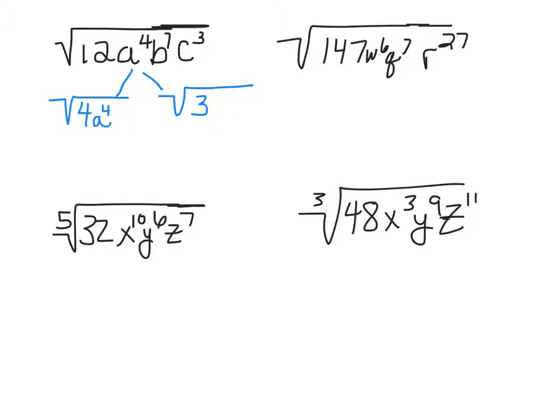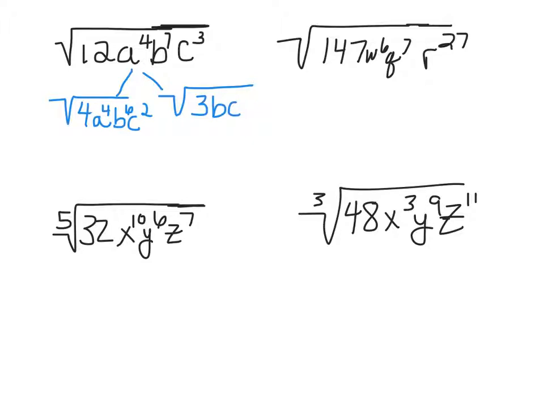B to the 7th. 7 is not divisible by 2, but I can break it up into b to the 6th on this side and just b on that side, because 6 plus 1 is 7. And c cubed, 3 is not divisible by 2, but I can break this up into c squared and just c.